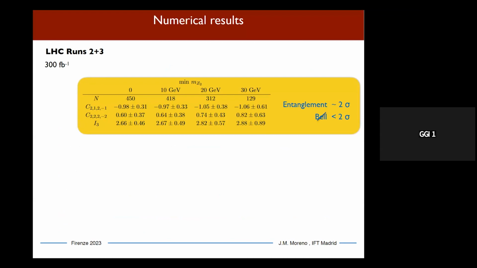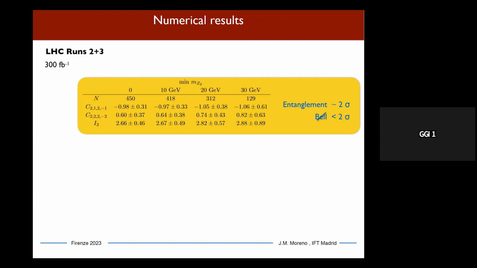Remember that the entanglement is shown when these coefficients are different from 0. So you could see here that once you make harder cuts on the lower invariant mass of the Z boson, then these values are getting larger. In particular, they should be approaching -1 or 1.